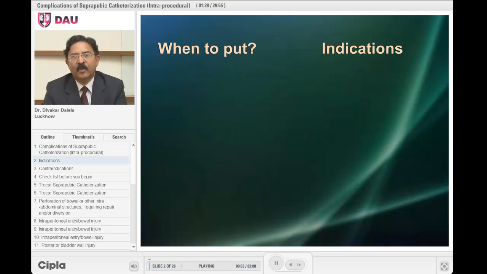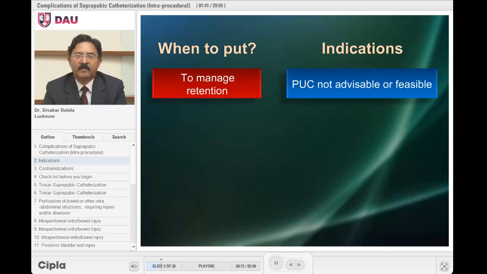Before we move on to the intra-procedural complications, let's first revise in our mind, when do we have to put a suprapubic catheter? We put a catheter suprapubically to manage retention of urine when placement of a catheter per urethra is not advisable or is not feasible.